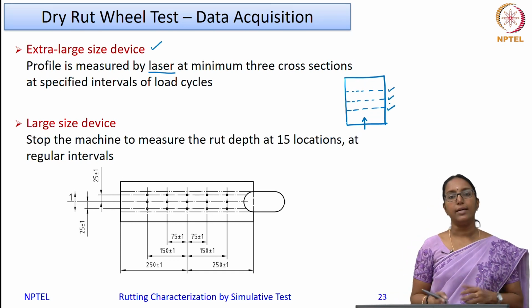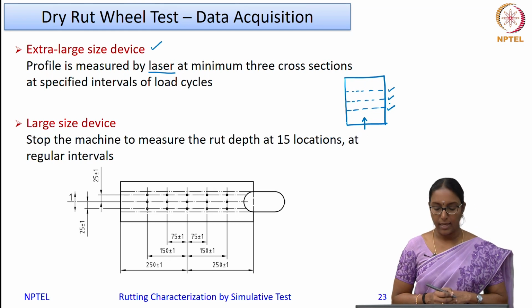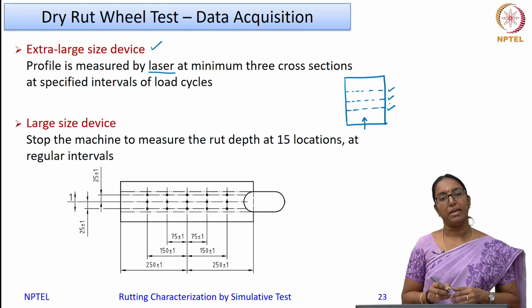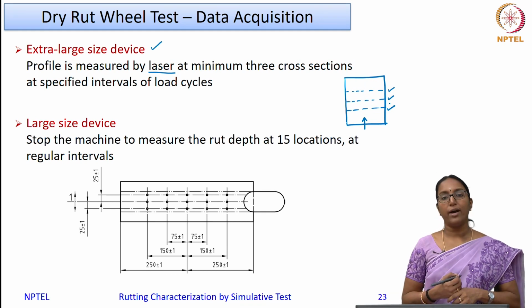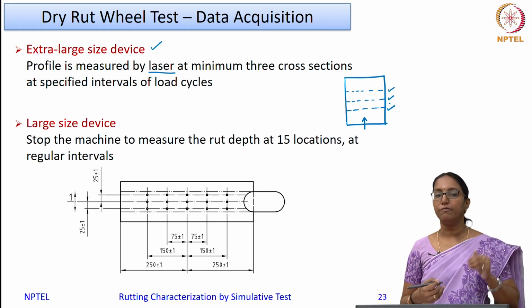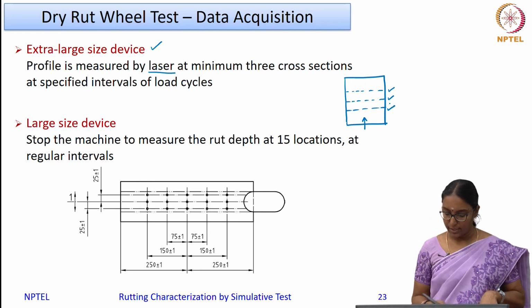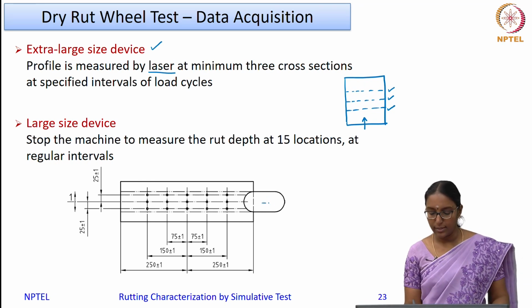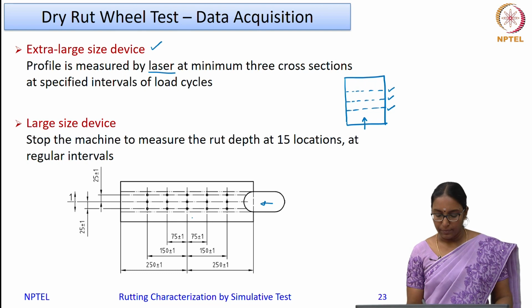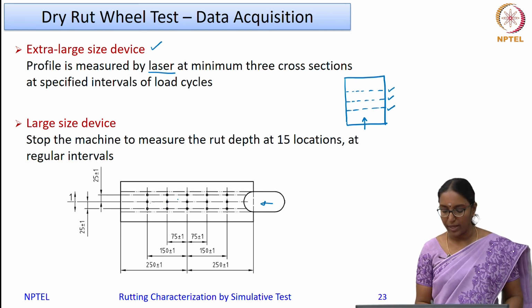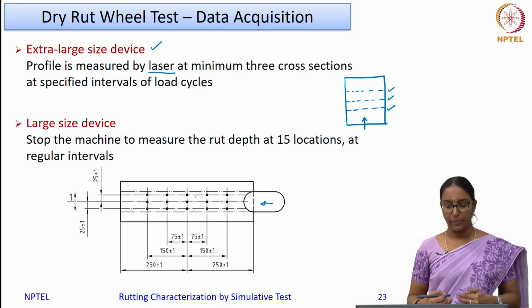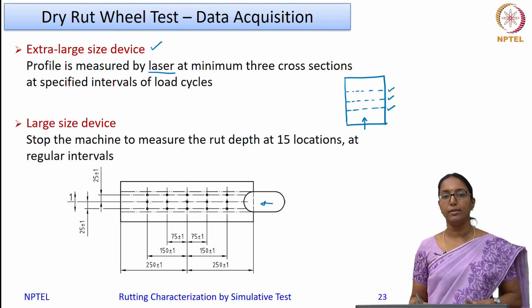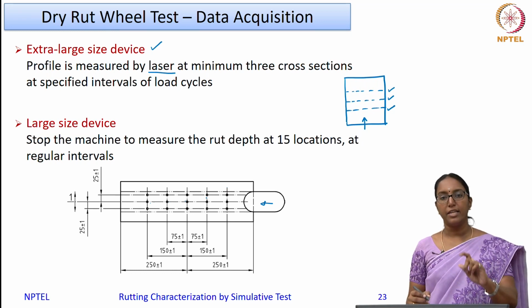Whereas, in the case of the large size device, the measurements are made either using an LVDT or any other dial gauges. But what you have to do is take the measurement at 15 independent locations. As you can see in this figure, this is the wheel load. Along the center, you have 5 locations, and 25 mm to the left and 25 mm to the right of your specimen, you have 5 locations each. So, altogether there are 15 locations at which you have to measure the profile or the deformation.